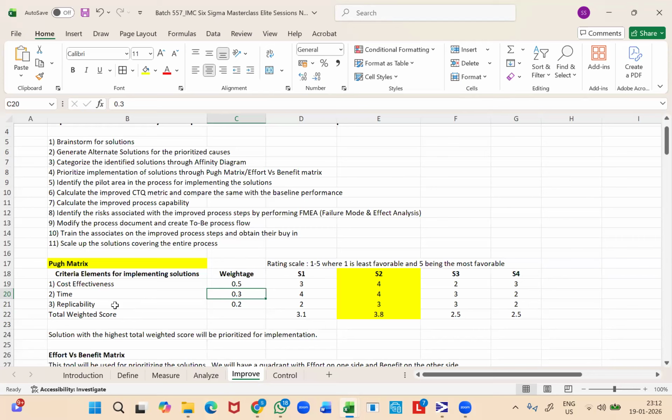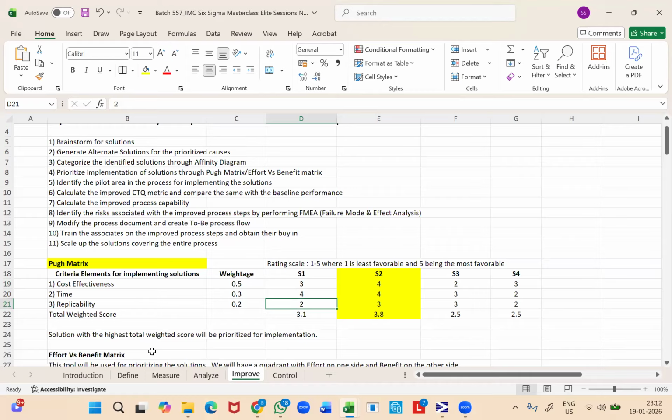So, for example, for solution 1, if I'm going to provide 5 as the rating for cost effectiveness, it would mean that solution 1 is very, very cheap. Or if I'm going to give rating 5 for timelines, that means that solution 1 can be implemented quickly without any delay. Or if I'm going to give 5 as the rating for replicability, it means this solution can be replicated in a similar process area without any challenge, right?